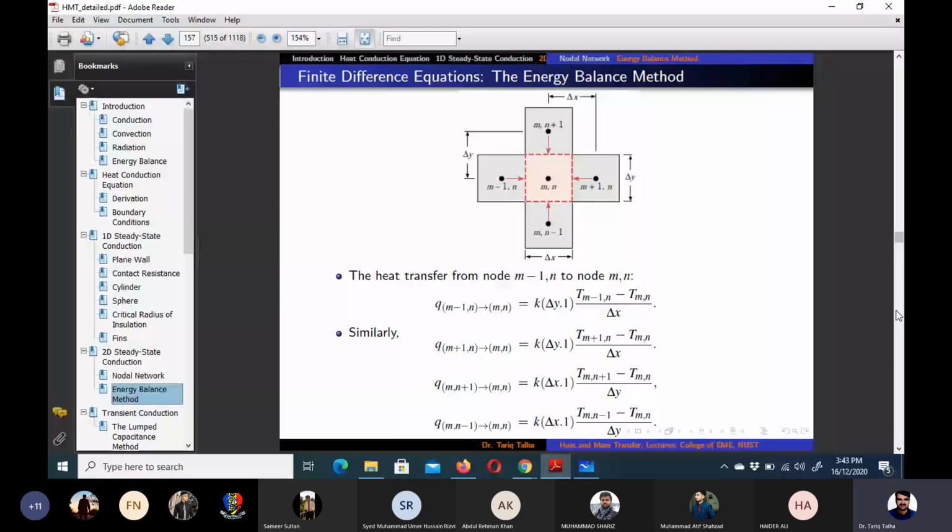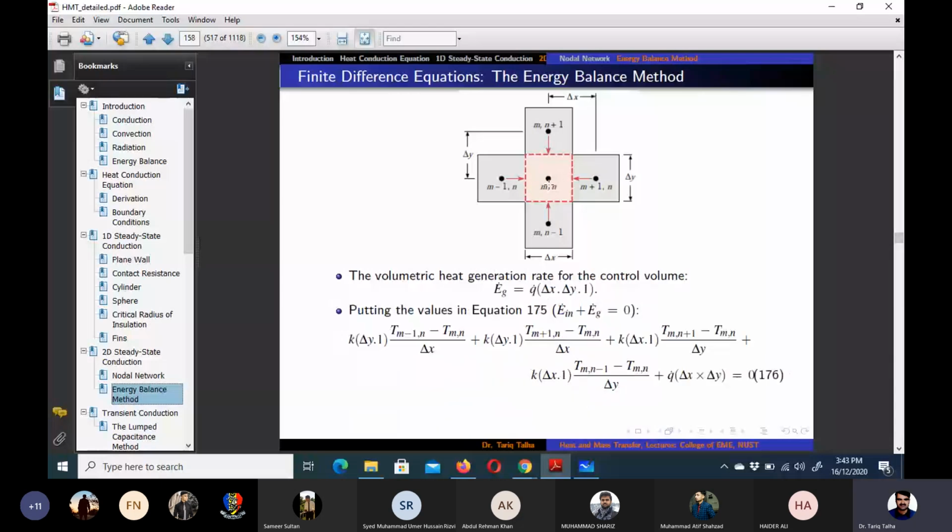If all the energy is coming in, then this principal node would have a transient behavior, which means that its temperature would increase with time, which is not the case in steady state heat transfer.